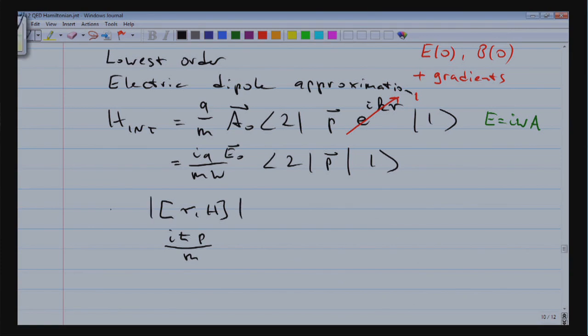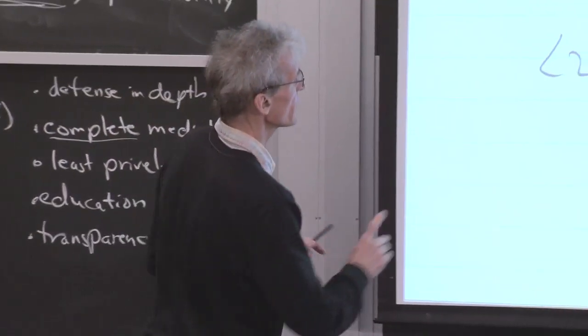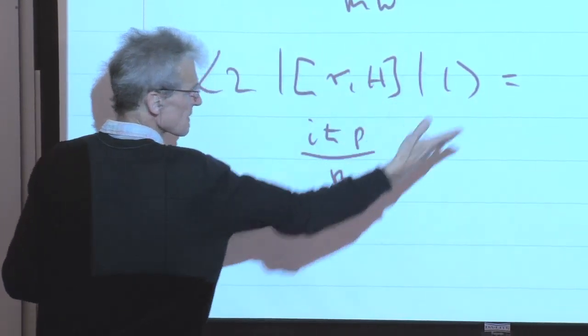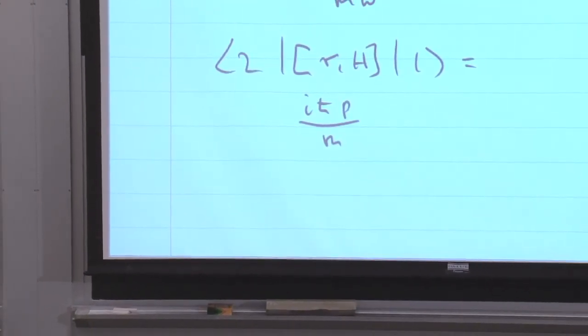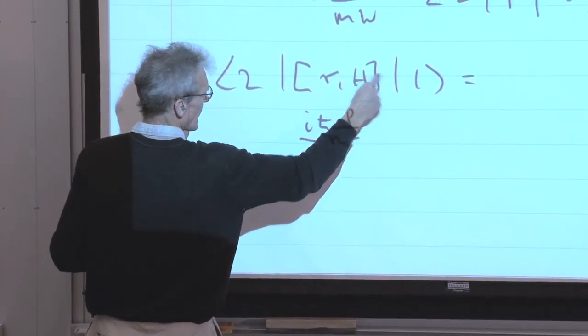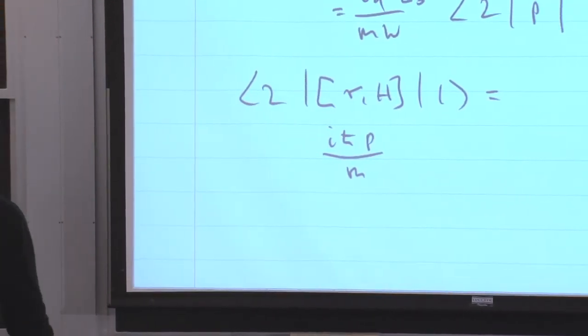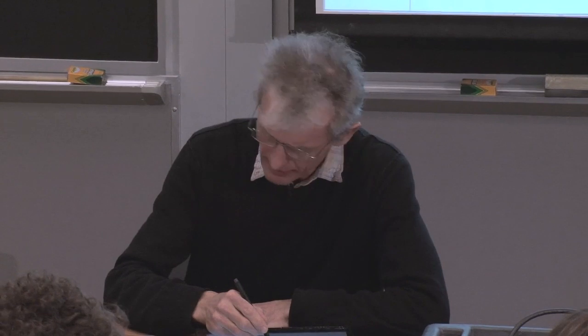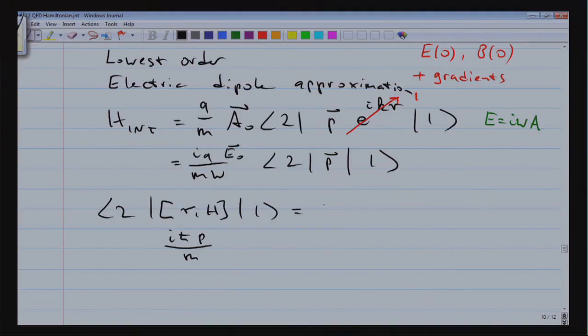And now the matrix element becomes, so what we have here now is rH minus Hr, but H acting on 1 is, because 1 is an eigenstate, gives the energy E1. And for the flipped part, we have Hr, and now H acting on state 2 gives us the energy E2. So therefore, by taking care of the Hamiltonian, which gives us, depending on which side H appears, E1 or E2, we have reduced it to now a position matrix element.